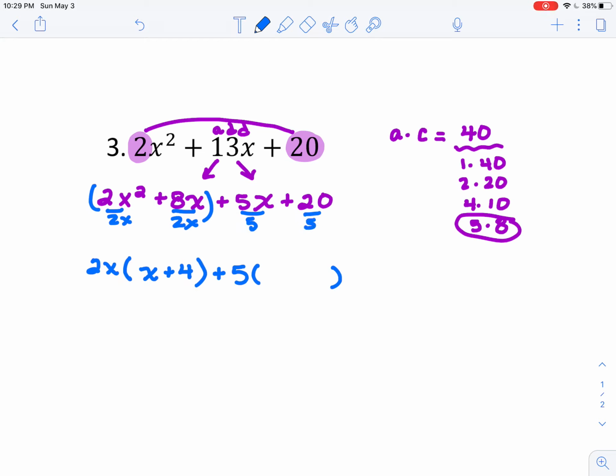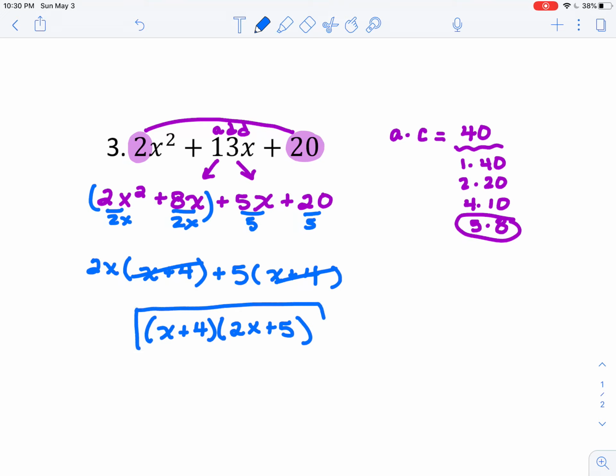When I factor out positive 5 from each term, I get, again, x plus 4. That's a good sign. They have to be the same. I factor out that common parenthesis, x plus 4, and put the leftovers, 2x plus 5, in another set of parentheses. This is the factored form.